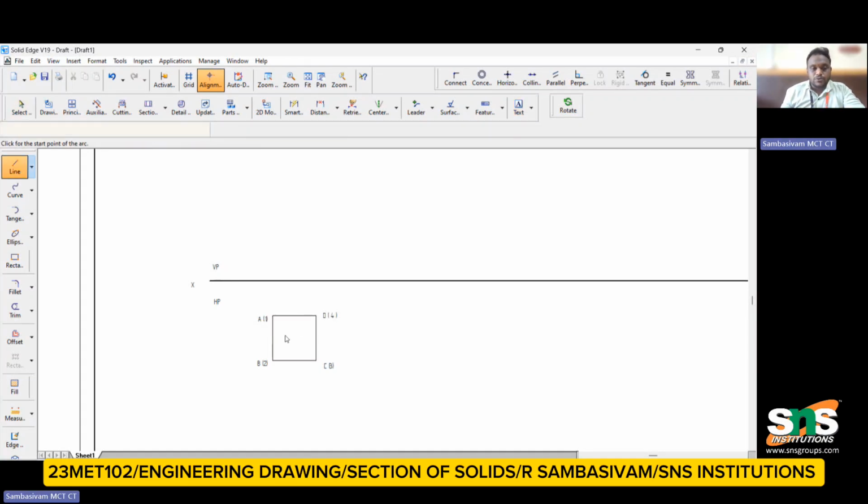Similarly, I would like to draw the trace lines. From this position, I have to draw the trace lines. Since the trace lines are different, I have to mark them using a different color, red, for clear understanding and clear visibility.